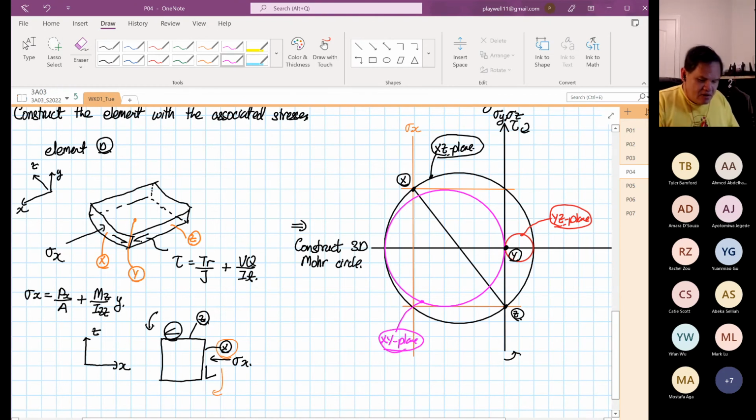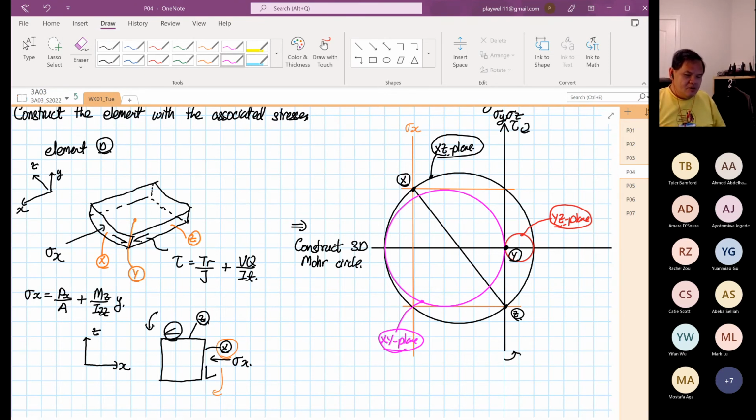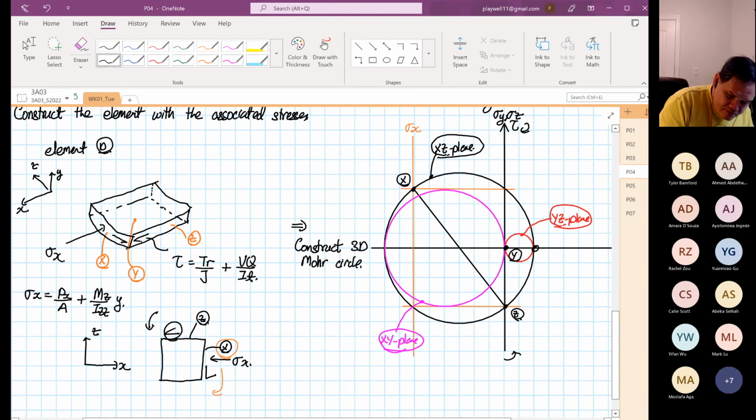Okay. So what are we trying to determine down here? We want to find out these 2 points. So this is our stress 1 from our analysis. Over here, this is stress 2 of our analysis.